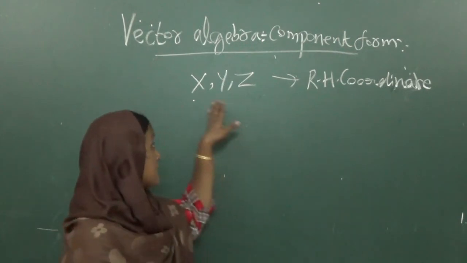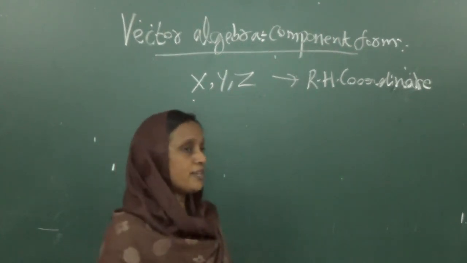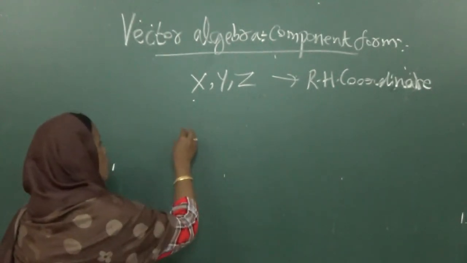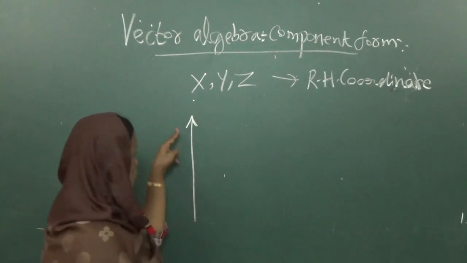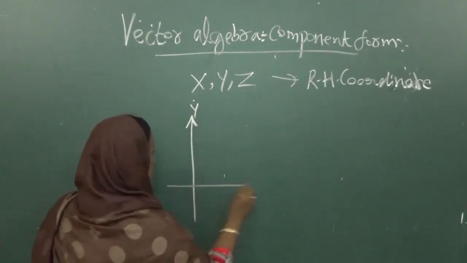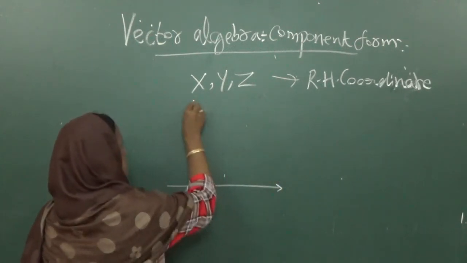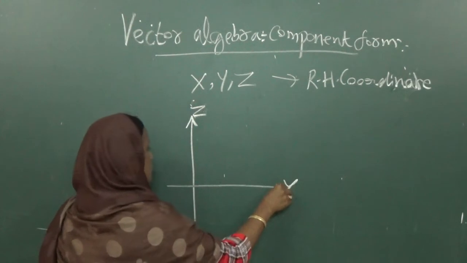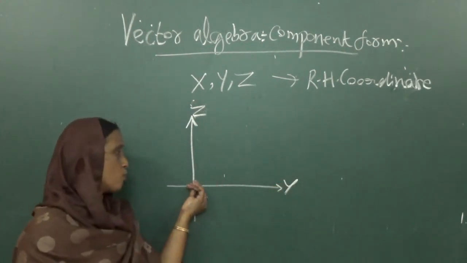The coordinate axes are x, y and z. For our convenience, we can draw a diagram here. Suppose this is the y-axis, this is the z-axis, and the x-axis is outward from the board.